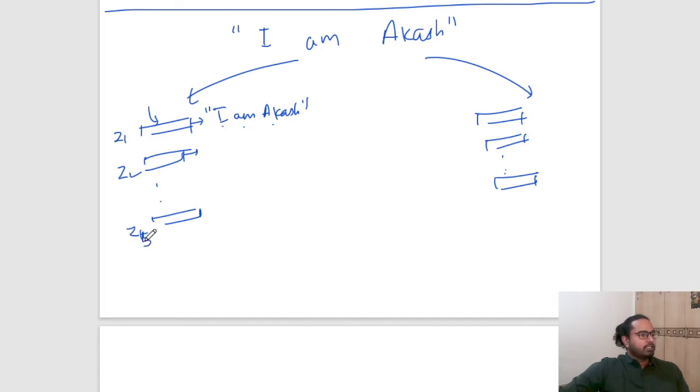Okay, Z5, let's take Z5. So what is the probability of getting "I am Akash" from Z2? This is one way in which, for our target sequence, we derive its probability by giving the QA model each and every block as a separate input.